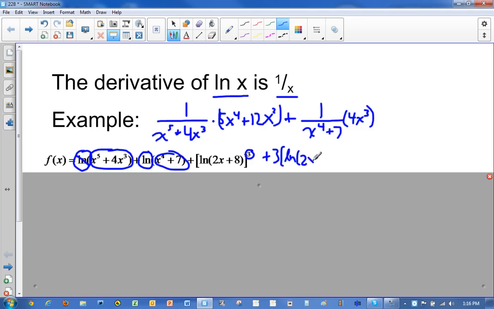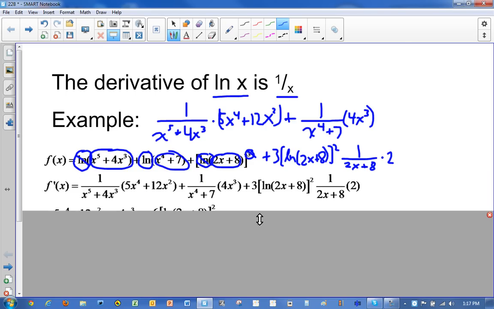So it's the ln of 2x plus 8 squared, and that's multiplied by 3. And that gets multiplied by the derivative of the ln of something, which is 1 over 2x plus 8. And then that gets multiplied by the derivative of 2x plus 8, which is 2.